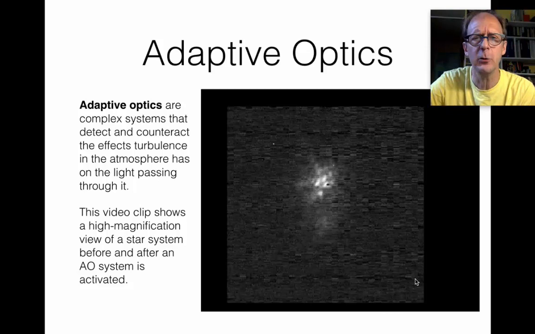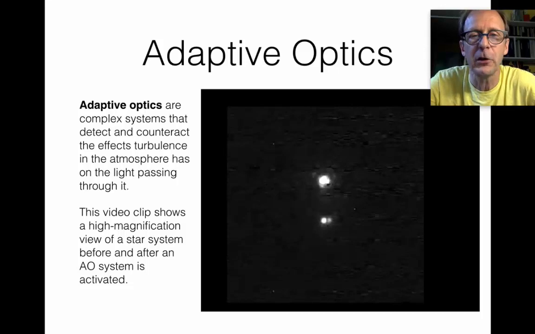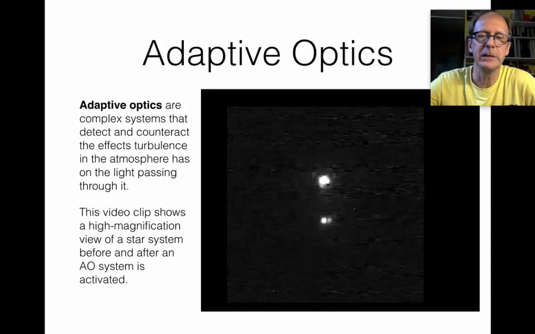This video clip that I'm about to start shows a multiple star system, with the adaptive optics system off at first, and then you will see the adaptive optics system turn on. It's actually a triple star system that without the adaptive optics you wouldn't be able to tell. There are 3 stars there.